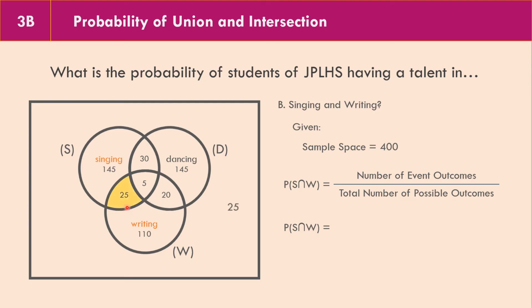So that is 25 plus 5 all over the total number of possible outcomes, that is equal to 400. 25 plus 5, the answer is equal to 30 over 400. So para madali tayong kunin ang lowest term, tanggalin yung 0. So ang natira, that is equal to 3 over 40. So the probability of singing and writing is equal to 3 over 40.